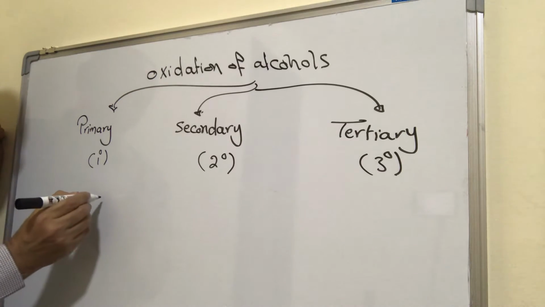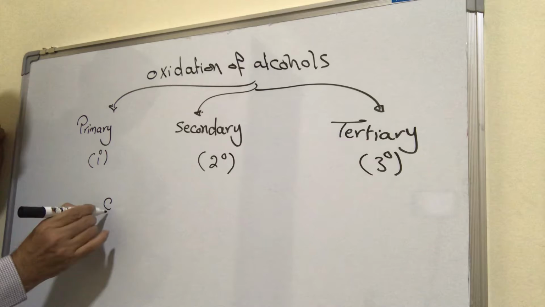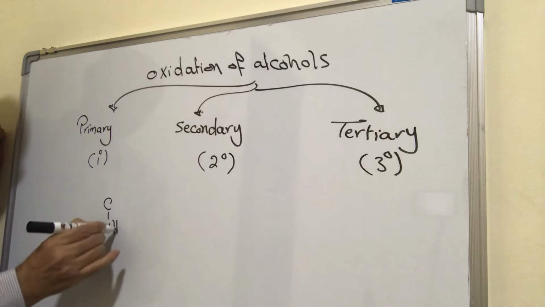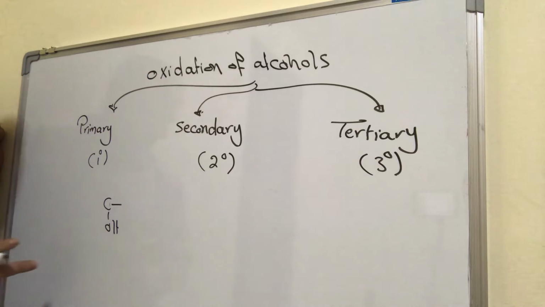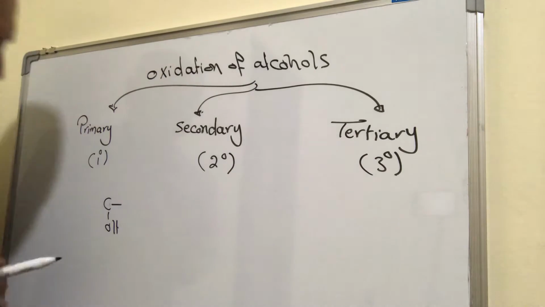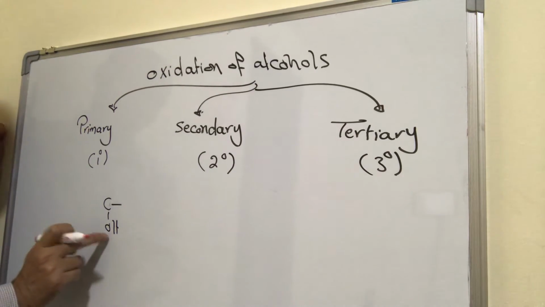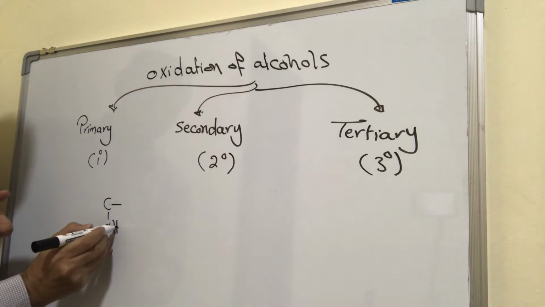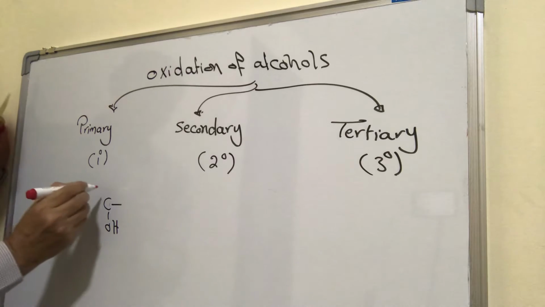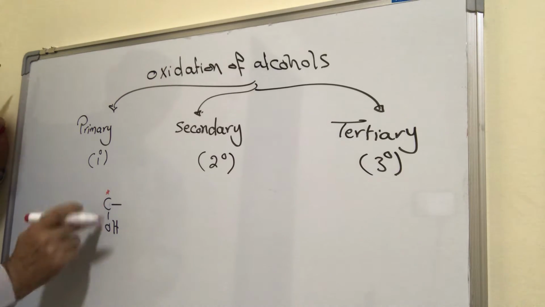Any alcohol is classified as primary by looking at the carbon atom which is bonded directly to the OH group, which is the functional group in the alcohol. We all know that the functional group within alcohol is the OH group, called the hydroxyl group. Now, look at the carbon which holds the OH group.